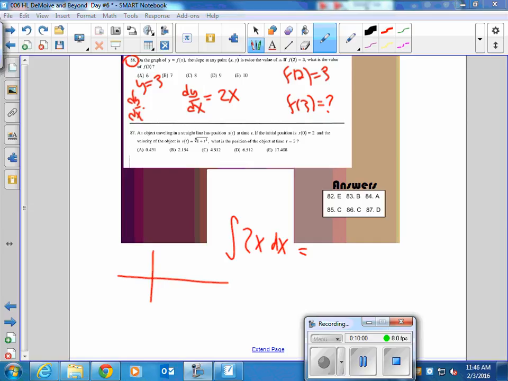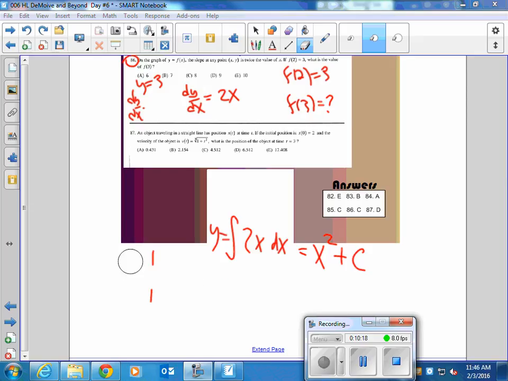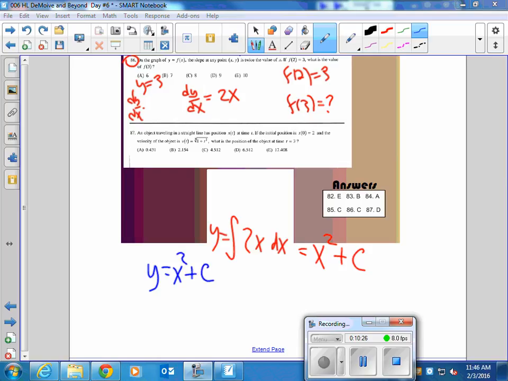What they're saying is if you took the antiderivative of the slope, 2x, you're going to get the y value. So we take the antiderivative and get x squared plus c, and this is equal to y. We need to know what c is, so that's where the point (2, 3) comes in.